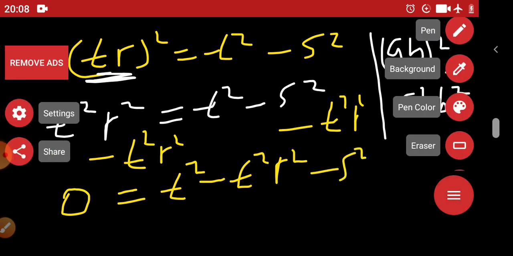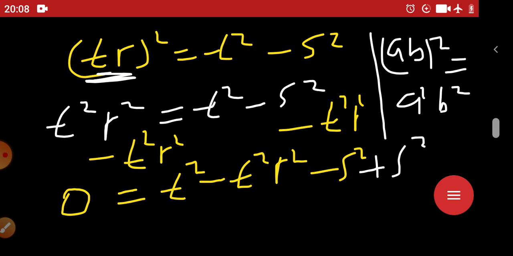Now we need to remove the s squared, because it's subtracted, so we need to add it. Here we'll add s squared on both sides. So we'll have s squared is equal to t squared minus t squared r squared.